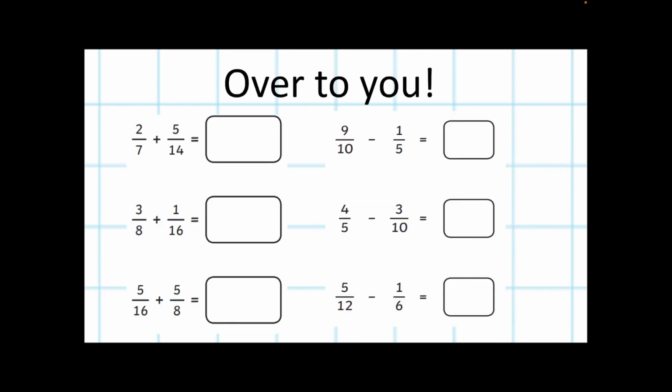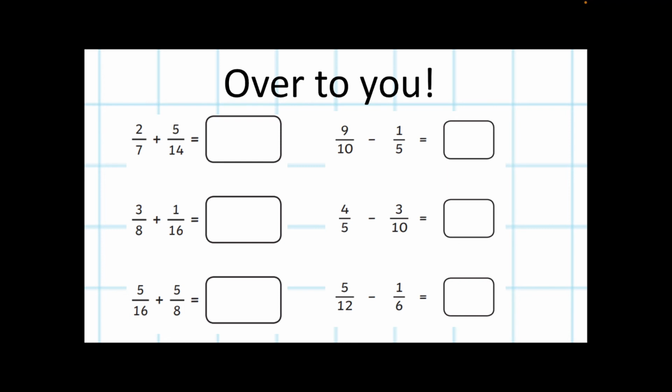Now it's over to you. I would like you to write down all of these fractions. You have 3 addition and 3 subtraction. I want you to have a go at finding the lowest common multiple so that both fractions have the same denominator. When they do, you will find it very easy to add or subtract them. When you've got an answer, have a look to see if your answer is an improper fraction.